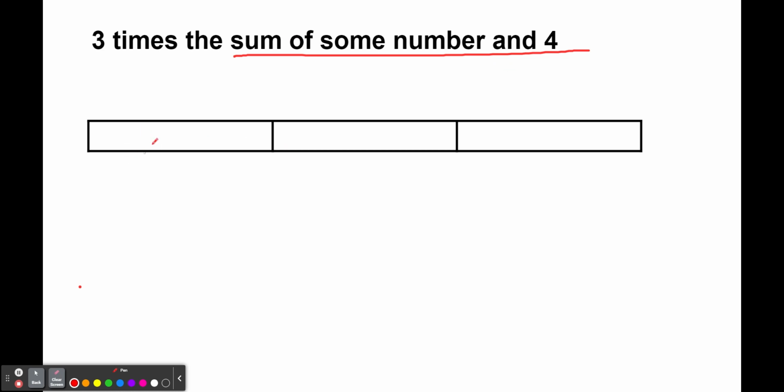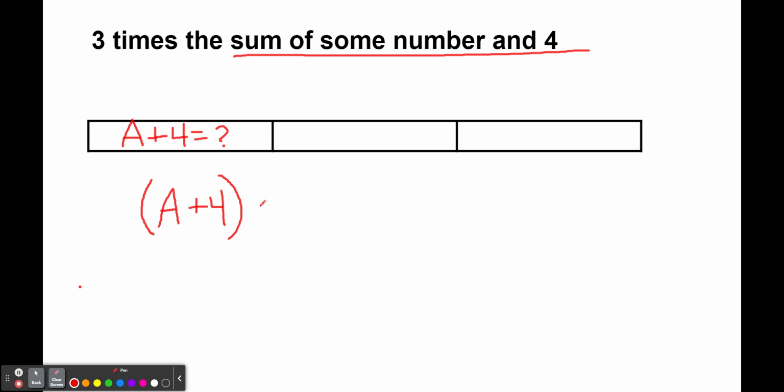So that means each one of these sections in my strip diagram is going to be some number. I'm going to represent that number as A. The sum, so that means we're going to be adding that to 4. And that's going to give me some sort of portion. And we're going to do that 3 times. So if I were to represent this as a multiplication sentence, I'm going to have a group of A plus 4.